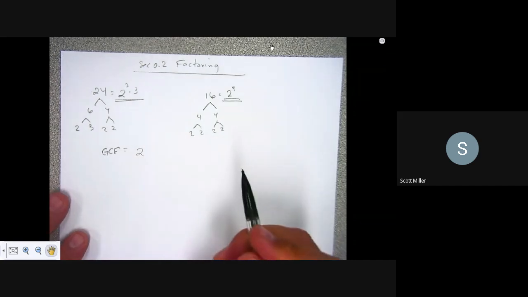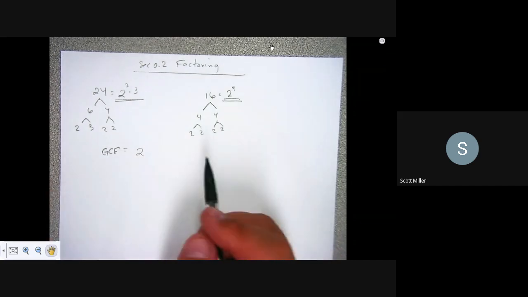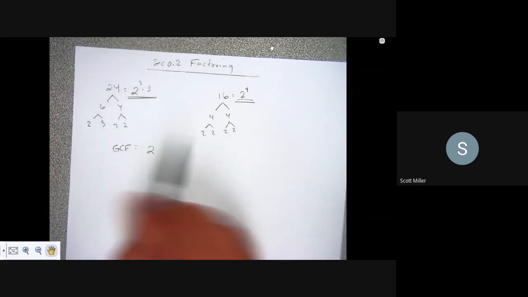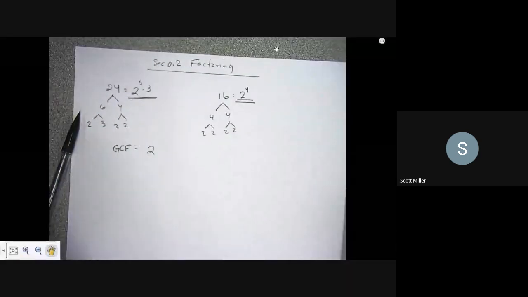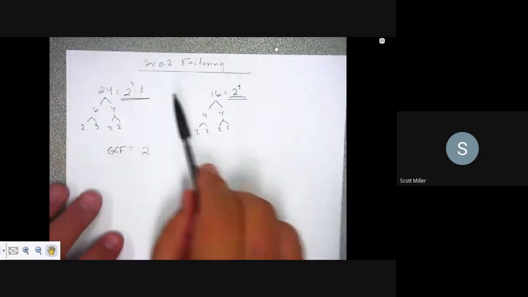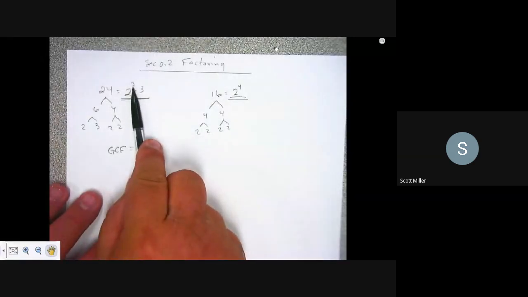Well, what is that power going to be? Since it has to divide into both numbers, you need the one that's the smallest exponent. See that? This is a 2 to the third.